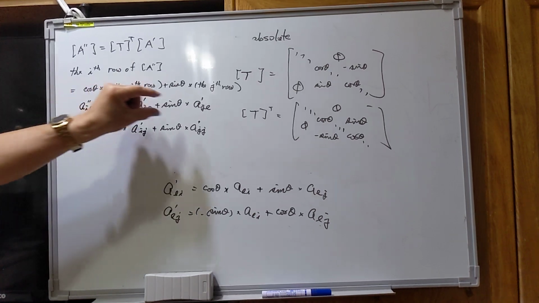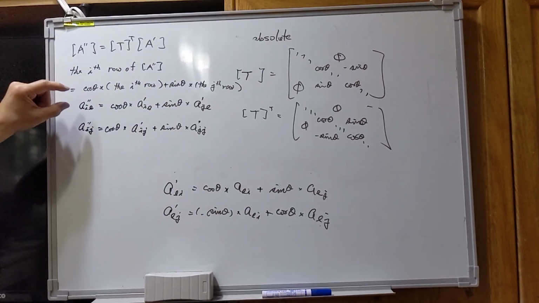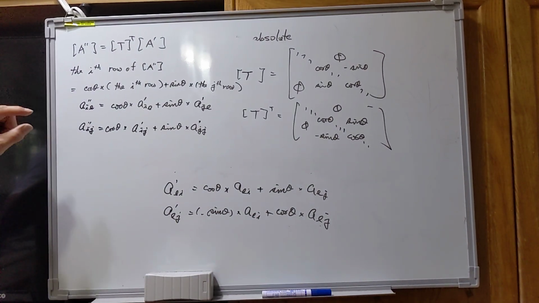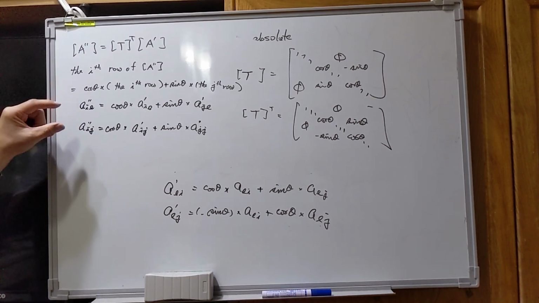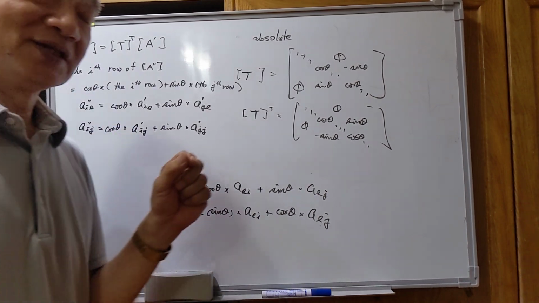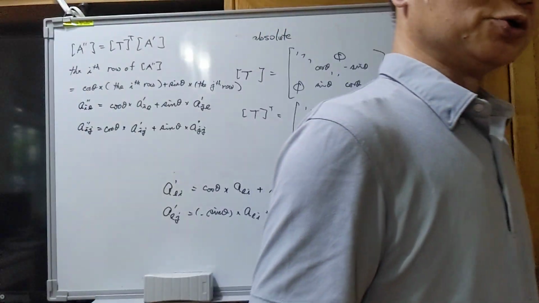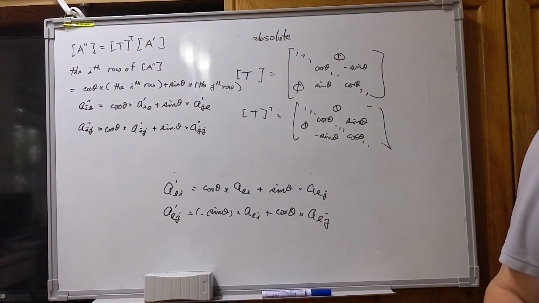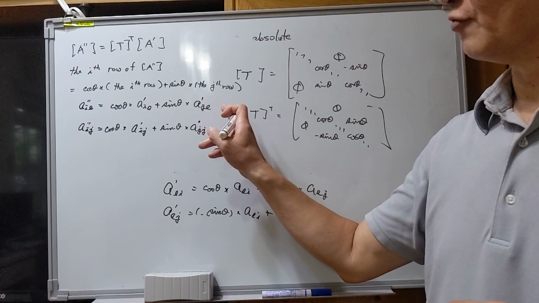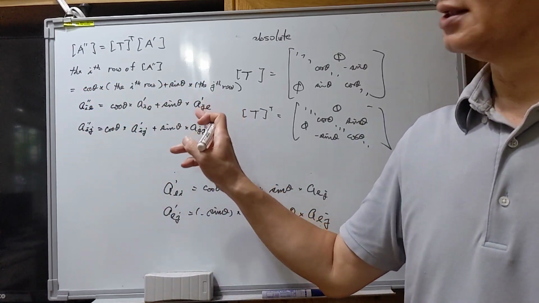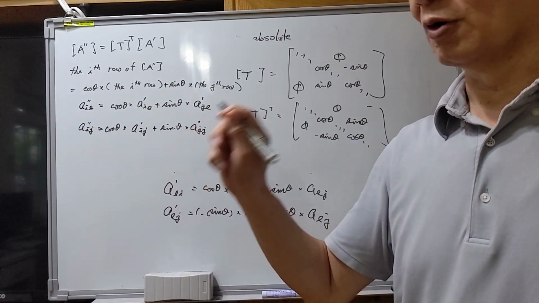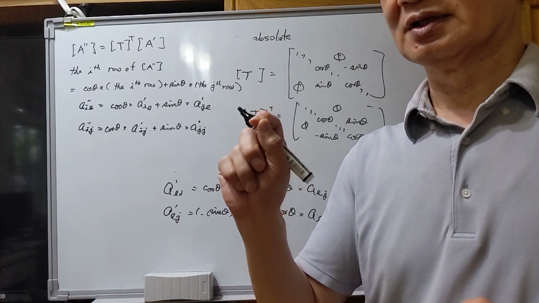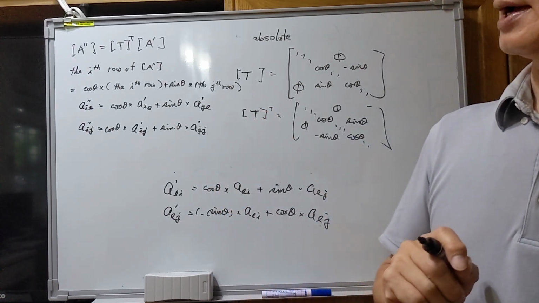That's the general formula for the ith row elements, but right now I would like to calculate the particular element, which is the Aij double prime. So that was a formula for the entire line. That's the formula only for the element Aij double prime.